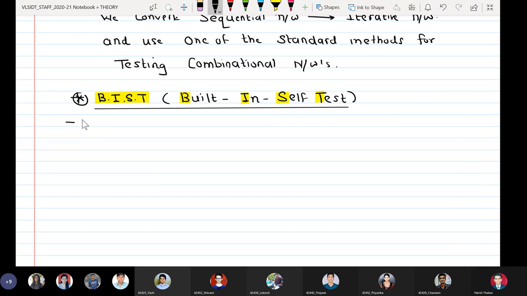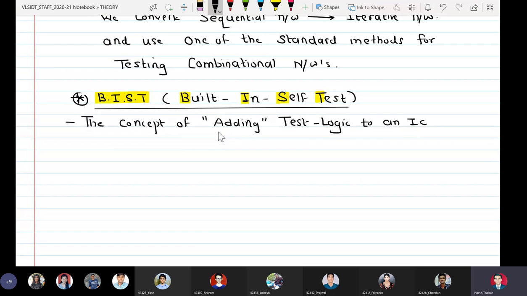The concept of adding test logic to an IC is called as BIST, built-in self-test.